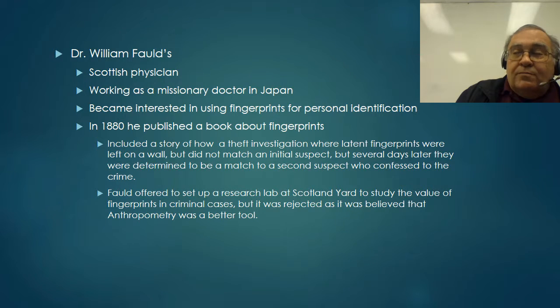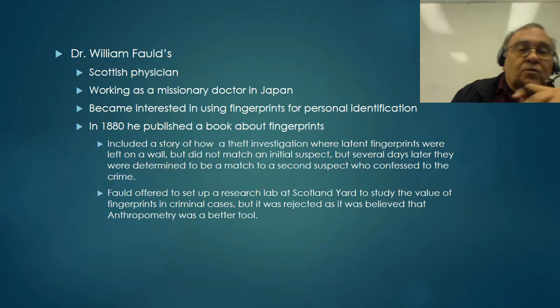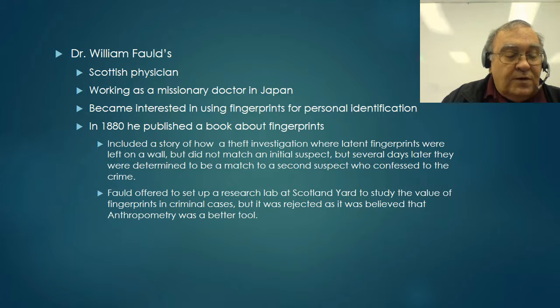Fauld had offered to set up a research lab at Scotland Yard to study fingerprints to be used in criminal cases, but at that time the people in charge rejected his offer, believing anthropometry was a better tool for identification.